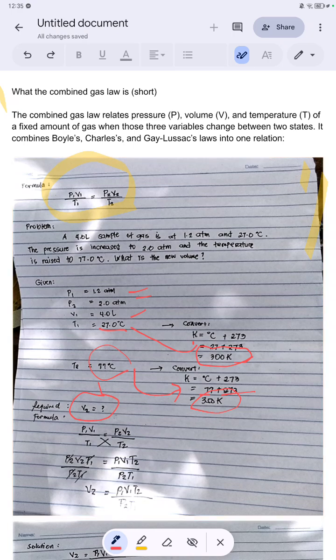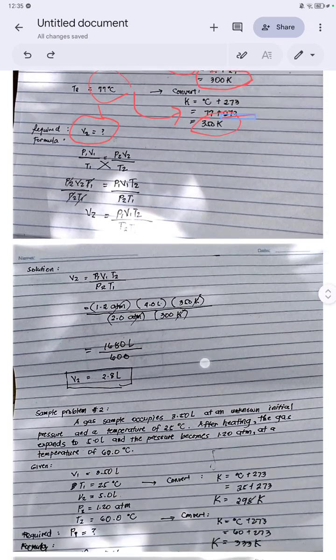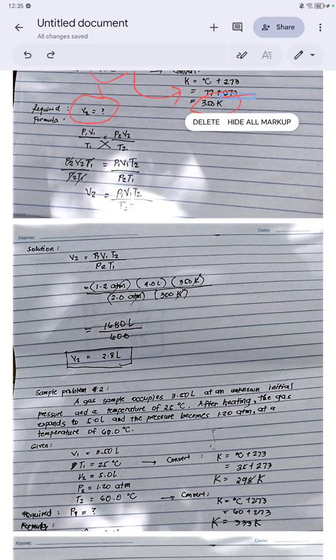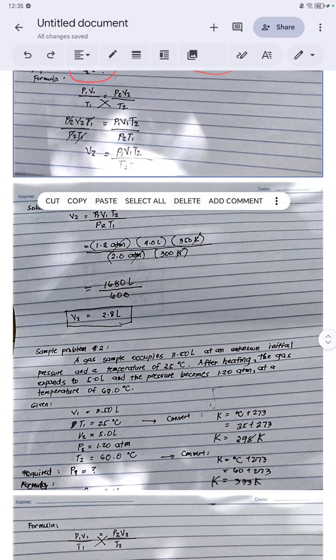Again, we are looking for V2, the final volume. The formula for the combined gas law is P1 V1 over T1 equals P2 V2 over T2.